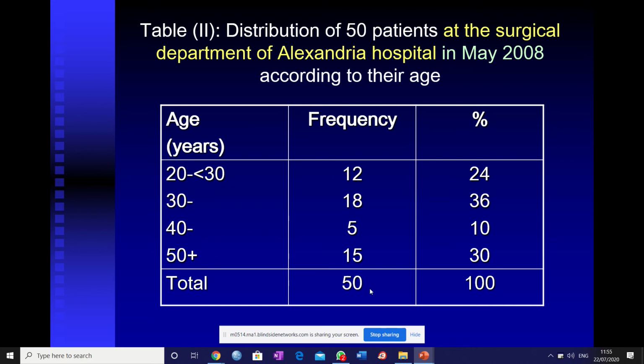And this frequency is out of 50. Altogether, if I add, these are 50. And these are the numbers out of 100.